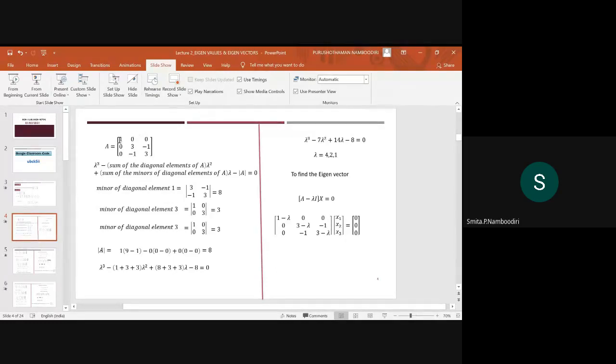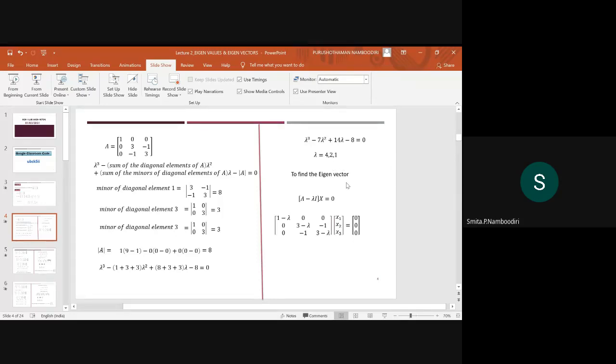Now 1 is there in the first row and first column, so you have to leave first row and first column, calculate the determinant. ऐसे ही हर एक तीनों diagonal elements का निकालना है, and then adding all those things, getting the characteristic equation, and then finding the roots.